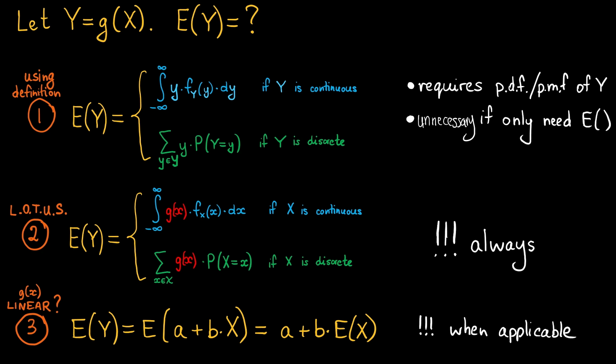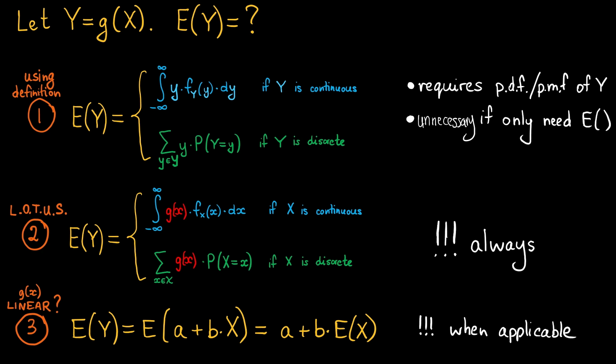This more direct way goes by the name of LOTUS, which stands for the law of the unconscious statistician. And you'll see that the name comes from the fact that you could have written that expression by mistake, where it looks like we accidentally put in the PDF or the PMF of the random variable x, whereas we should have perhaps put in the PMF or the PDF of the random variable g of x.